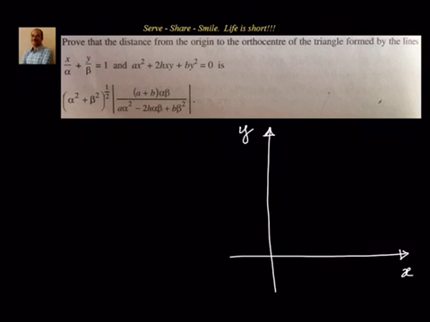We have a line x/alpha + y/beta = 1. That is the line x/alpha + y/beta = 1. And we have another pair of straight lines. We have one line and a pair of straight lines. The pair of straight lines is given by ax² + 2hxy + by².